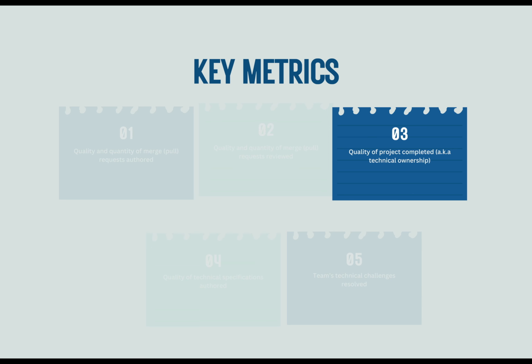Why it's important to evaluate this metric is that if the engineer does their job well, they complete the project properly, the project is not buggy, it's scalable, it's working as expected, right? It's reliable, it's always online and behaves properly. That means the business will be able to achieve its objective.